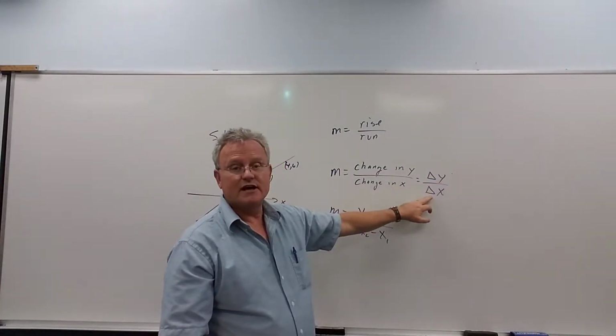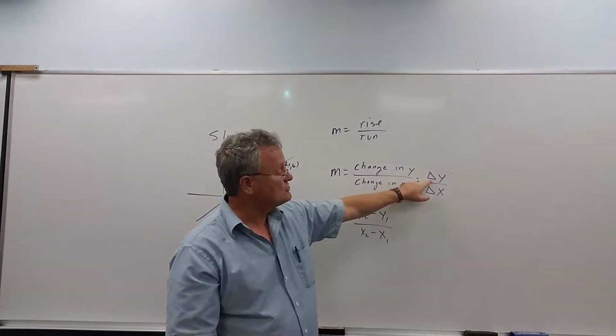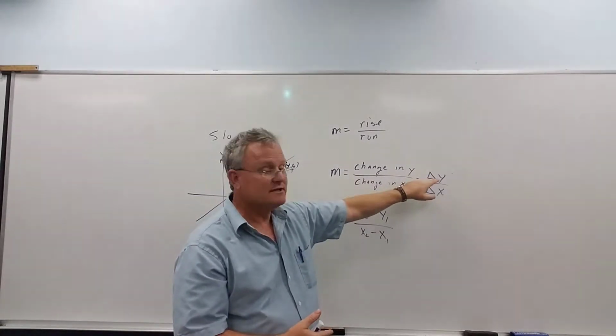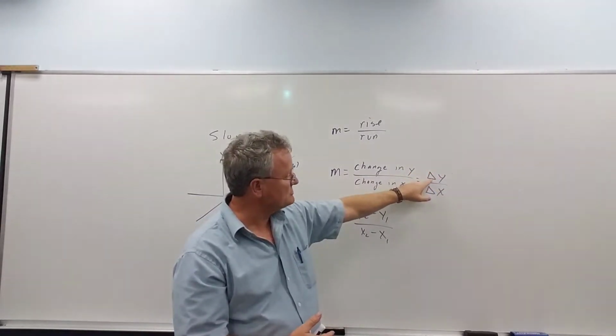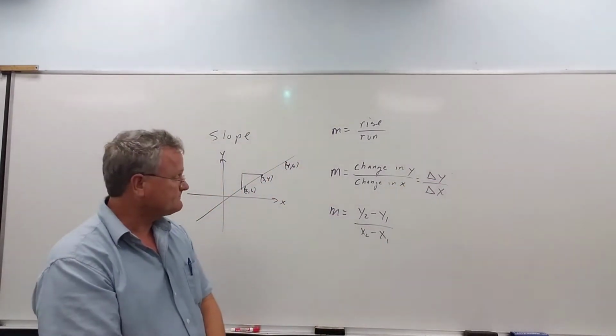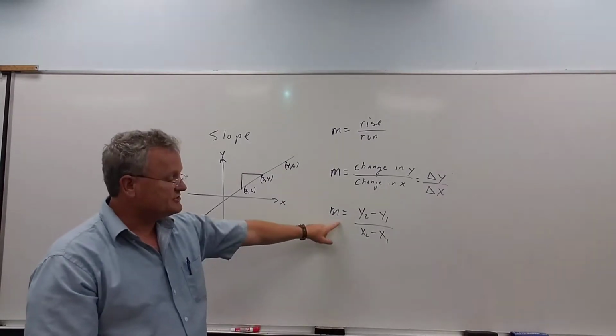Delta y over delta x. This triangle is the Greek letter delta. Delta means change. This is also read as the change in y over the change in x. So this is the formula.